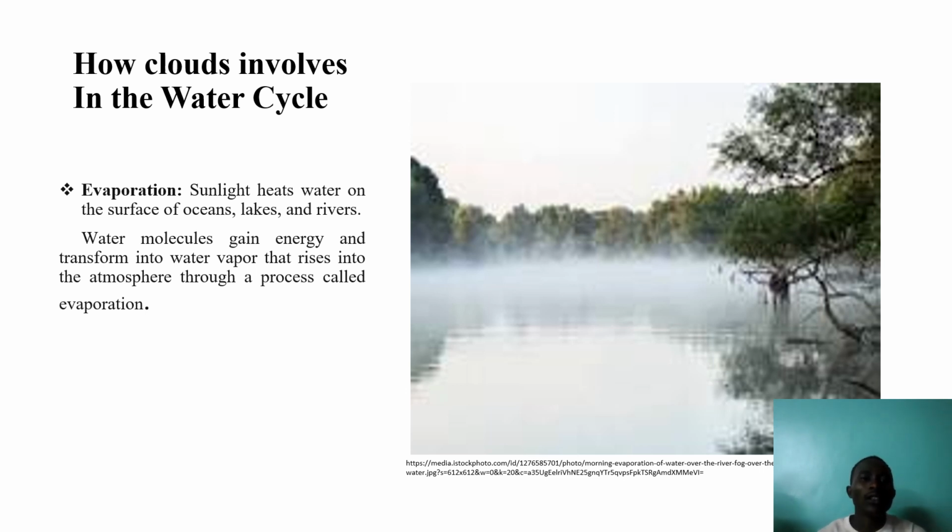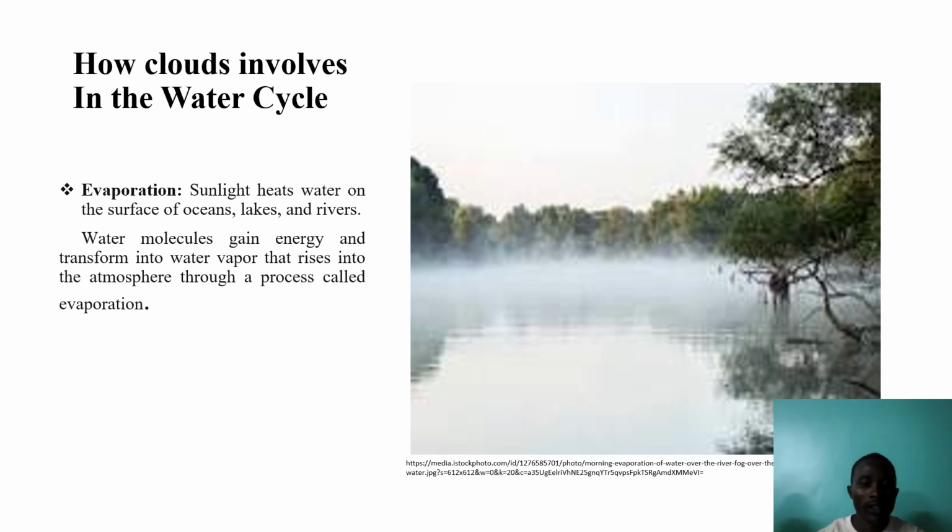This means that the water cycle is done through the clouds, through the process called evaporation, where evaporation starts from the oceans, lakes and rivers, where sunlight shines on them. Then water vapor rises into the atmosphere. Then those water vapors condense.